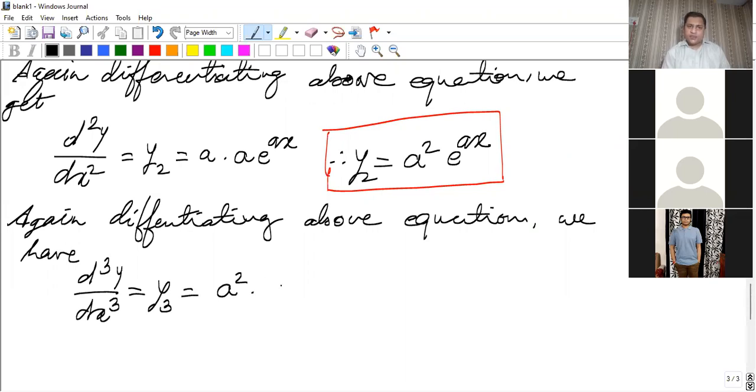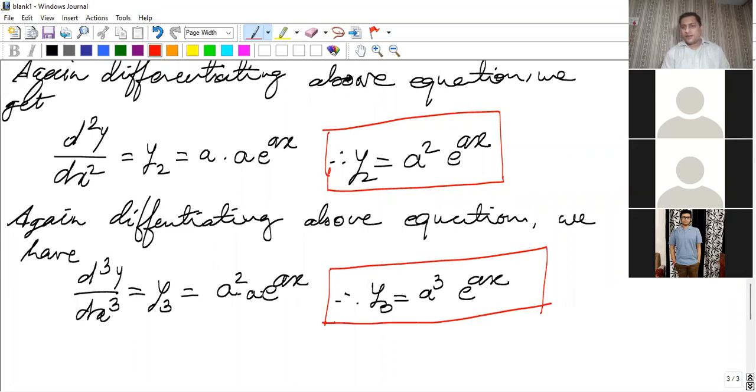So this a square remains as it is, and then again the derivative of e raised to ax, so we have e raised to ax, and again the derivative will have this constant. So if we simplify, y3 is equal to a cube e raised to ax. Very simple function to understand.